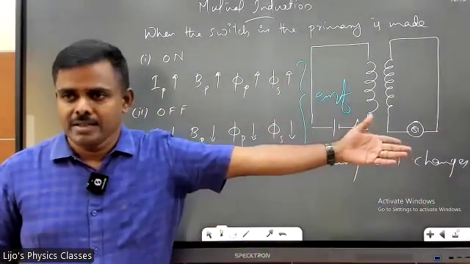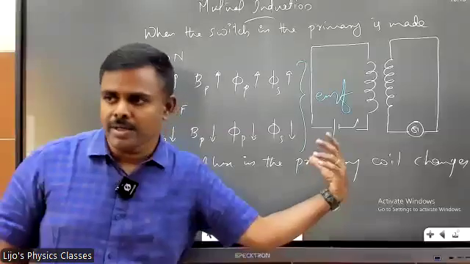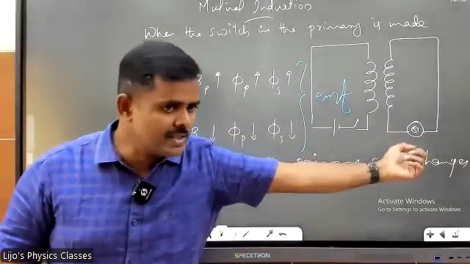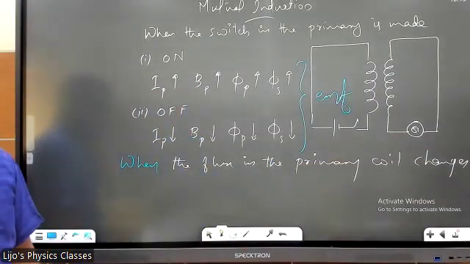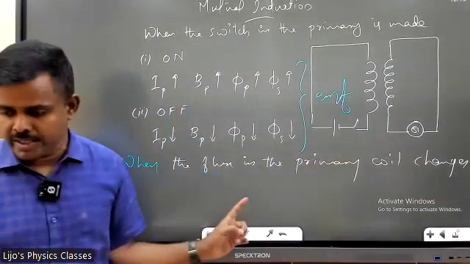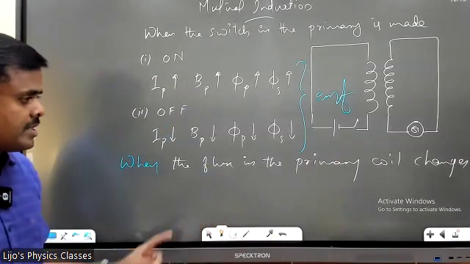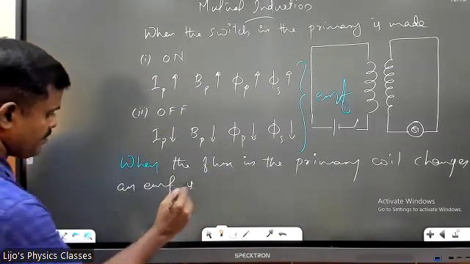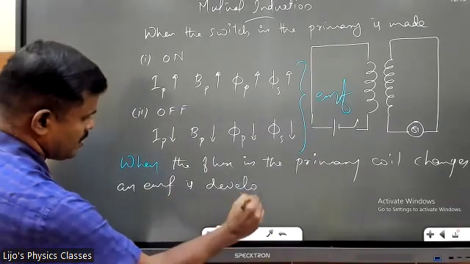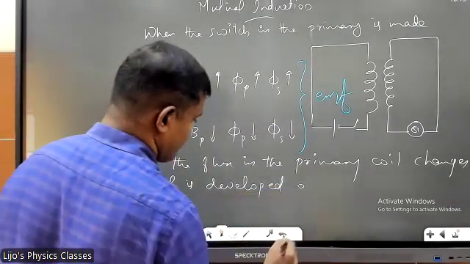Secondary, right? Flux was changed in primary, but you saw the effect eventually on the secondary. Yes. Take it right. When the flux in the primary coil changes, an EMF is developed in the secondary.